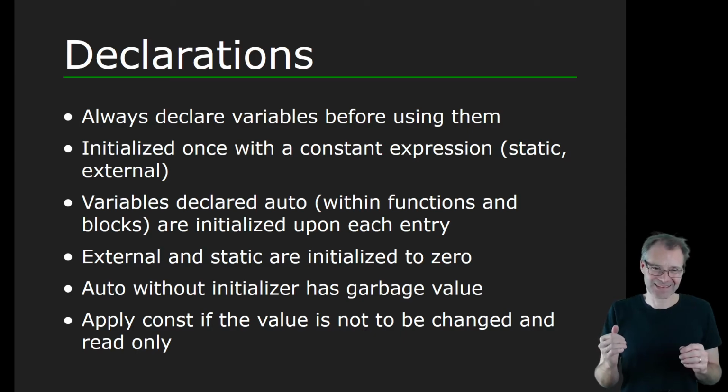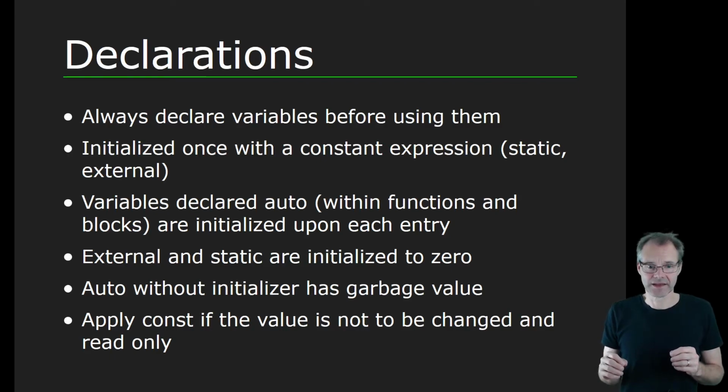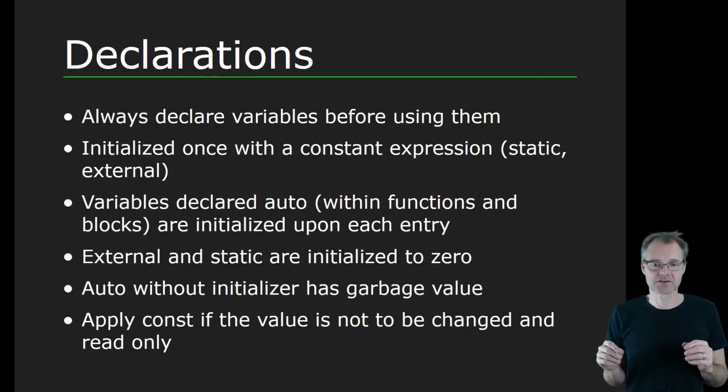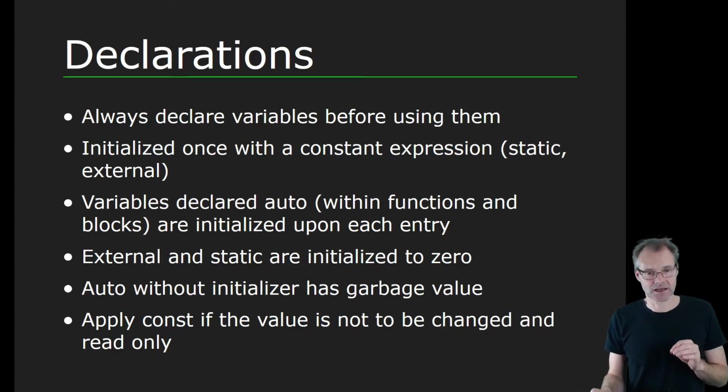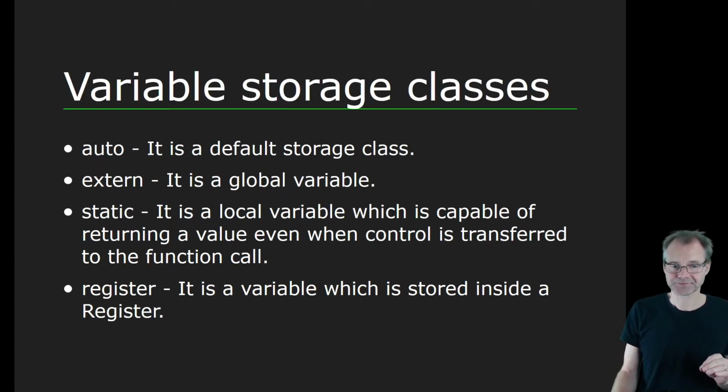So really ensure that when you're reading a value from the variable, it actually has been initialized. And yes, apply const to the value if it's not going to be changed and is read only. Just apply const. Good manners.